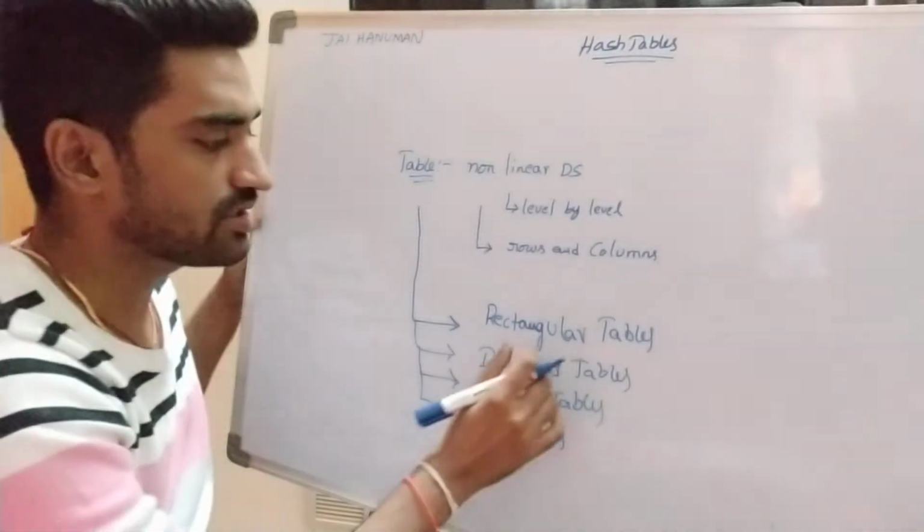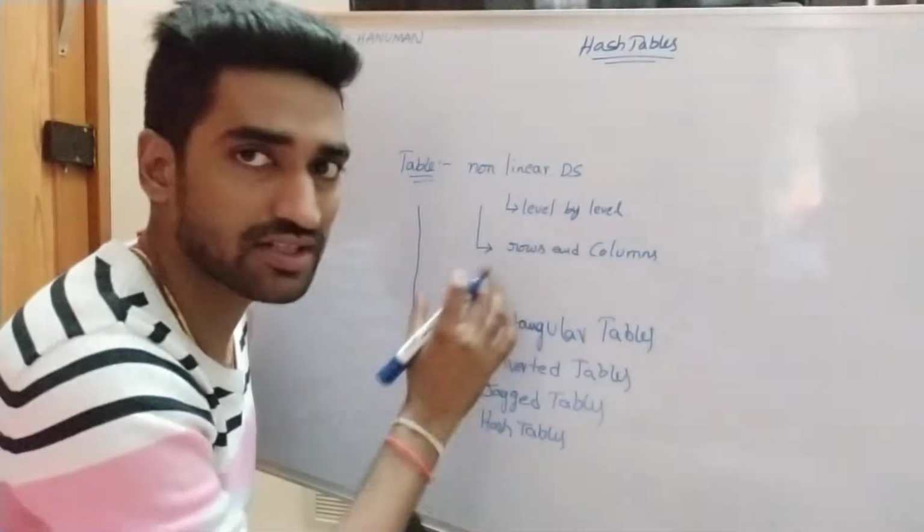Right? So these are the four types of tables which are supported by the data structure.